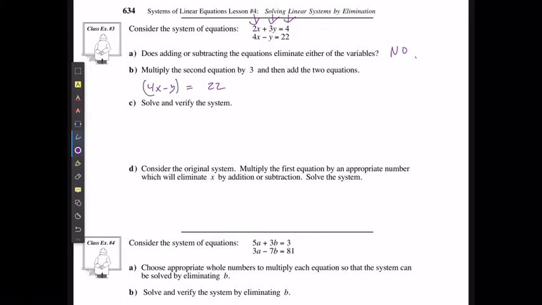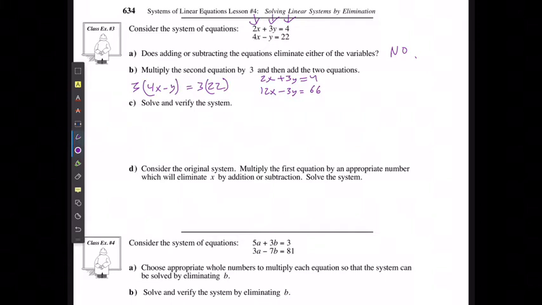I need to multiply the left side by 3, and I need to multiply the right side by 3, remembering that we need to multiply every single term. So I have equation 1 is going to be 2x plus 3y is equal to 4, and equation 2 is going to be 12x minus 3y is equal to 66.